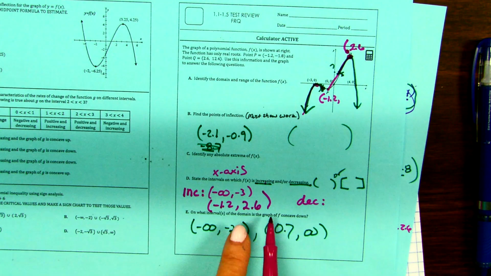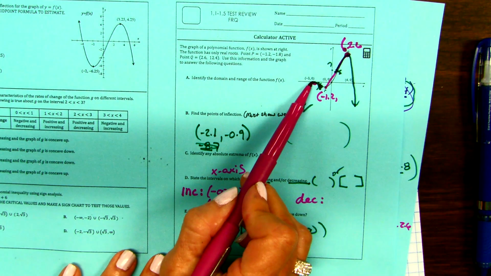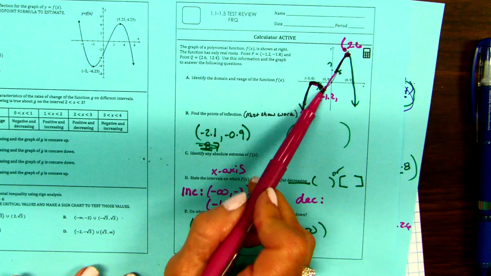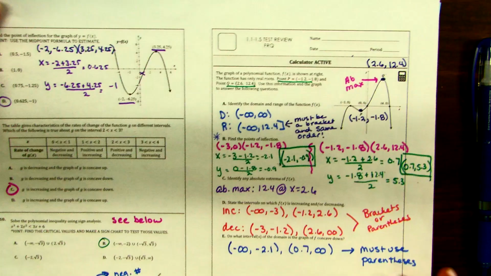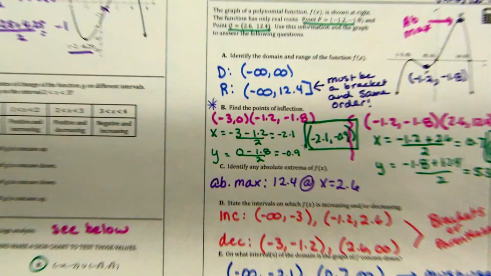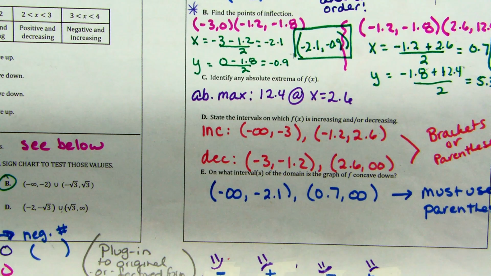Michael, is that good so far? Okay, and then decreasing, of course, would be from this x value to this x value, this x value to positive infinity. Make sure you tell me. Don't just write a bunch of intervals. I don't know if that's increasing or decreasing. I model for you what I expect you to do. Okay?